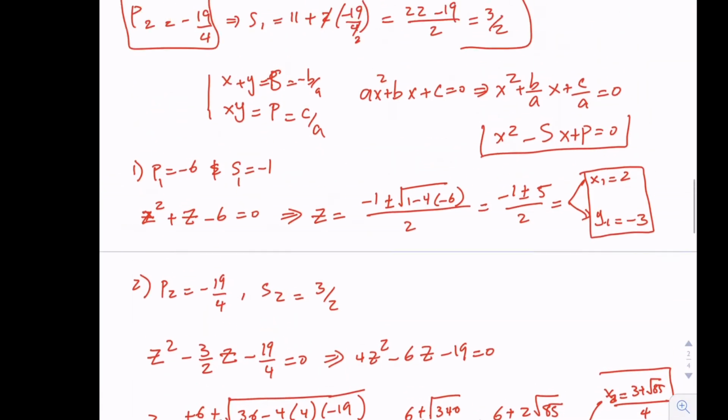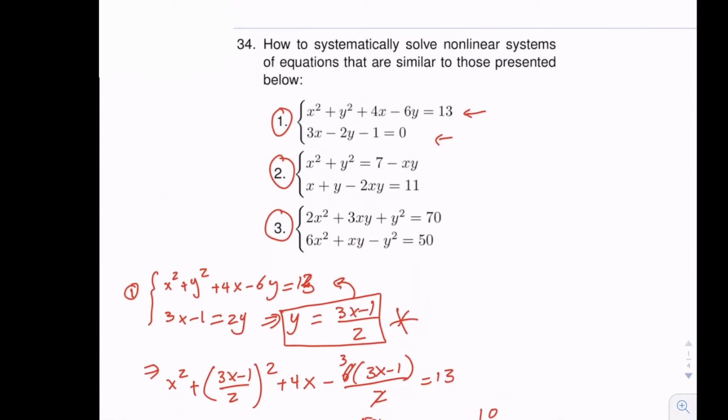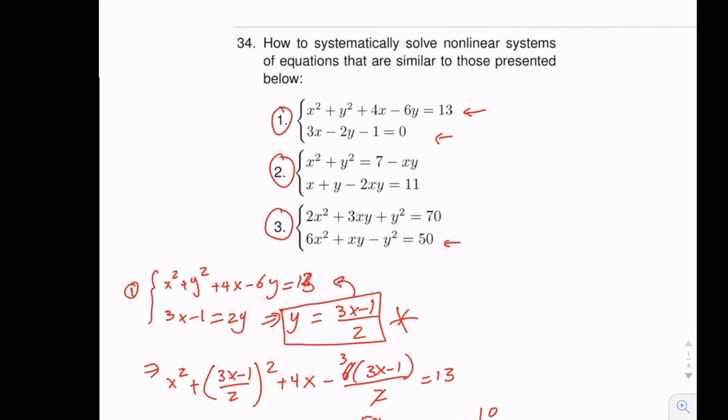So now let's look at the third type of equation. The third type of equation is not symmetric because this second equation is not symmetric, but it is homogeneous. And when it is homogeneous, it means that we should be able to write an equation out of these two that is a second order equation.